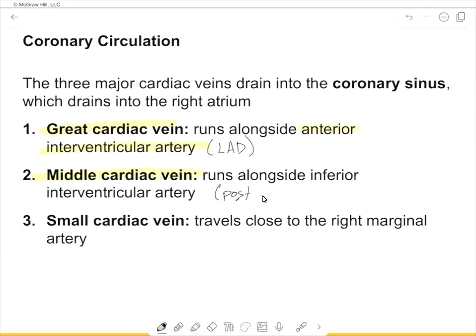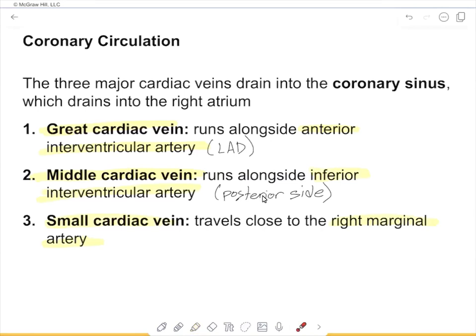And it's going to run alongside the inferior interventricular artery. On the right side of the heart, where the right ventricle is, another one called the small cardiac vein, and that travels close to the right marginal artery.